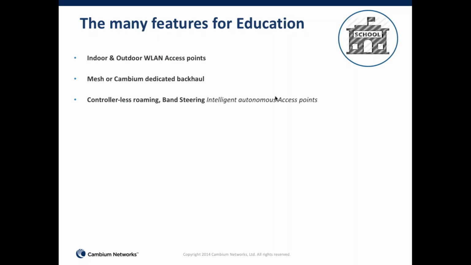On the software side, we also support a feature called controller-less roaming. Now, if any of you are familiar with Wi-Fi, a lot of the manufacturers require you to have a controller. These are often little appliance boxes that you have to put on premises, and only when you put that equipment in can you support features like roaming or band steering.